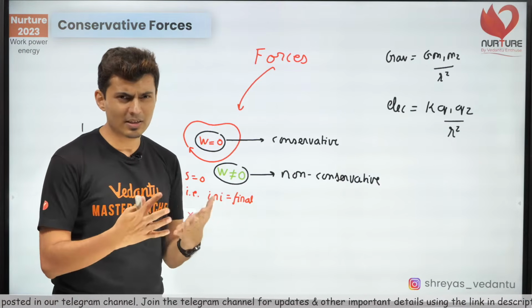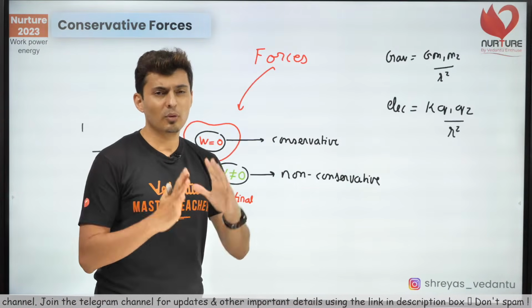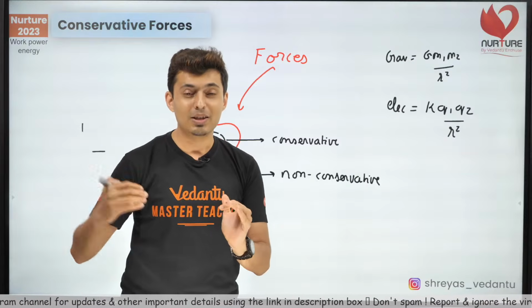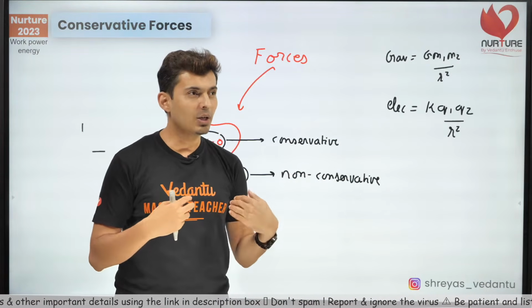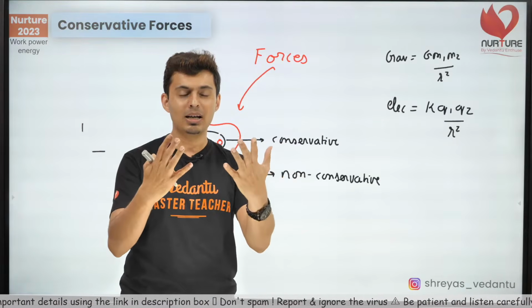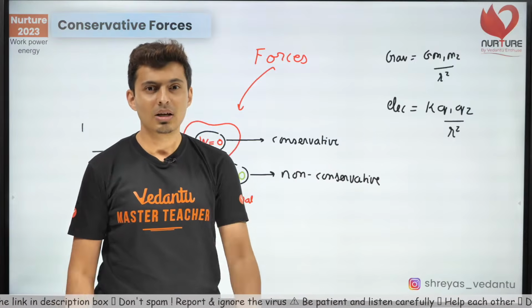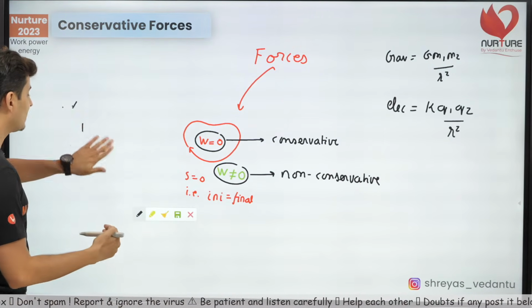You will learn about viscous forces and air resistance in a separate chapter. But remember, viscous force or drag force or air resistance are forces which liquids or air exert on bodies moving in them. Like when you are traveling on a scooter, you feel the wind and you feel that resistive force. That's air resistance or viscous force of the wind on you. Okay, normal and tension are also non-conservative.